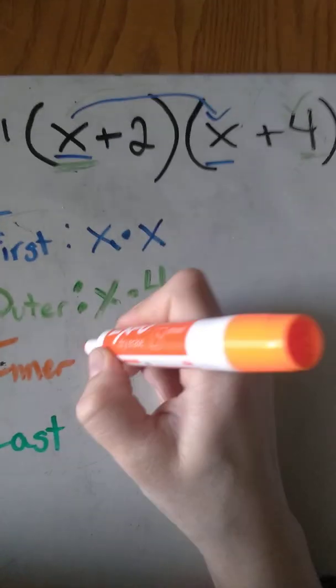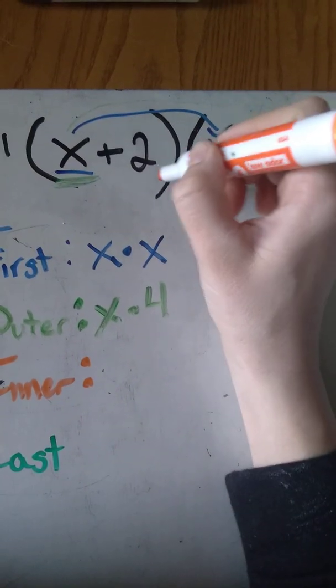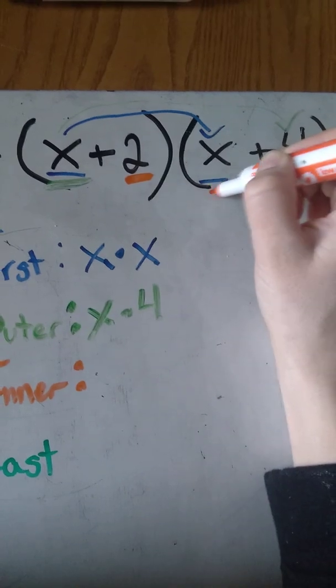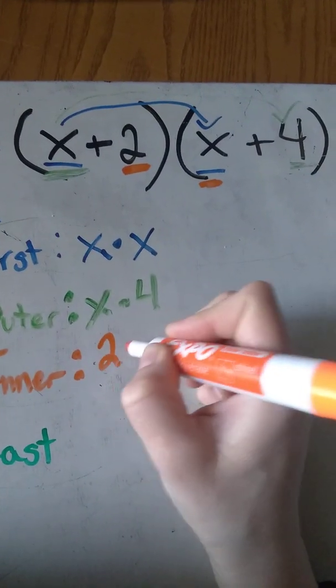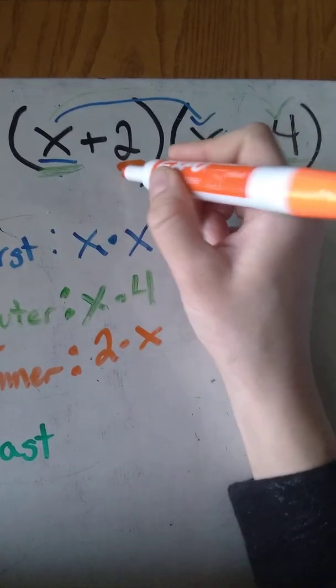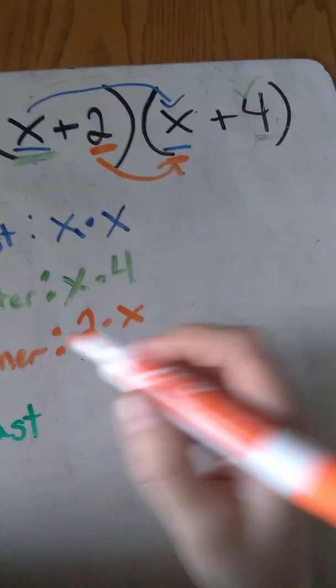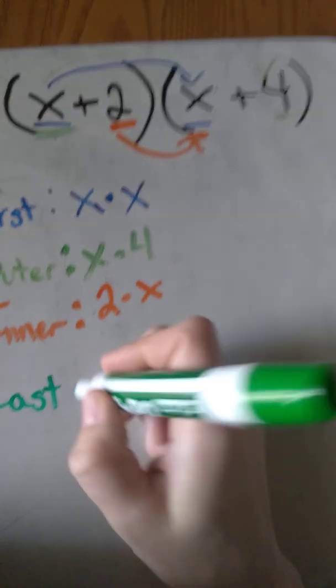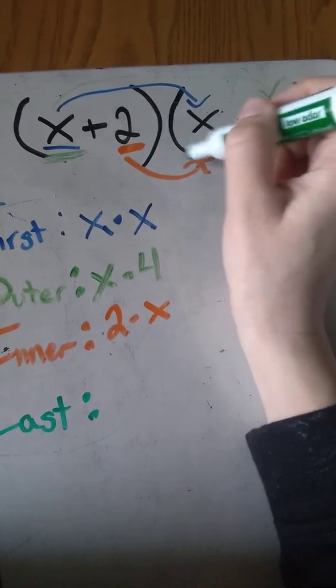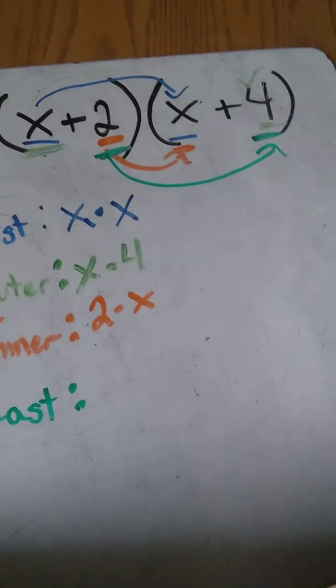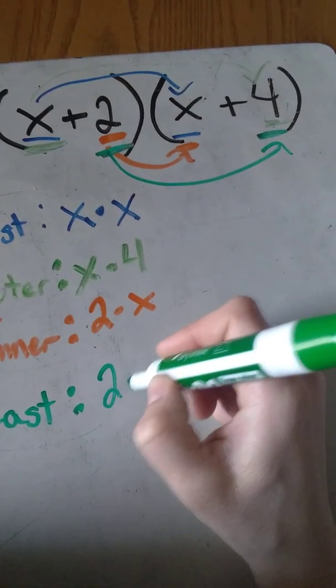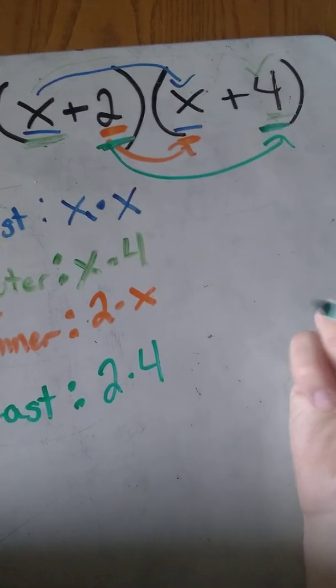Then I'm going to do inner terms, so the inside ones. So the 2 and the x are on the inside. So I'm going to do 2 times x, so that's here. And then my last term, I'm going to take the last terms in both sets. So the 2 and the 4, distribute that way, you get 2 times 4.